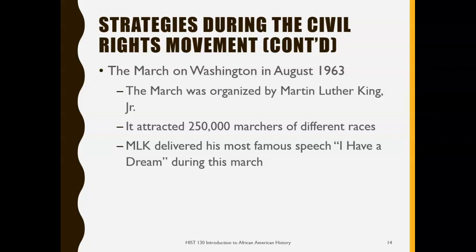This march was organized by Martin Luther King Jr. with his group, and it attracted up to 250,000 marchers of different races. So you have blacks and whites and Asians and Latino, so everyone participated in this march in Washington.